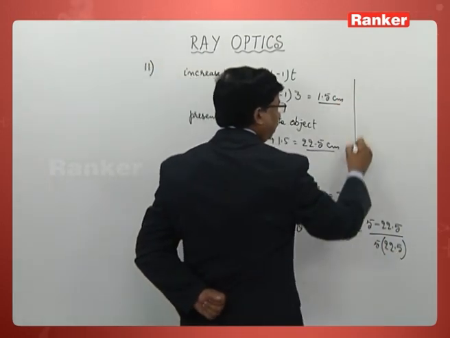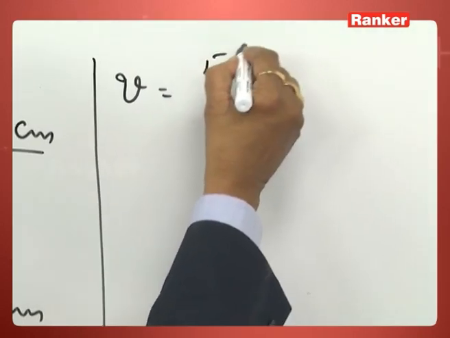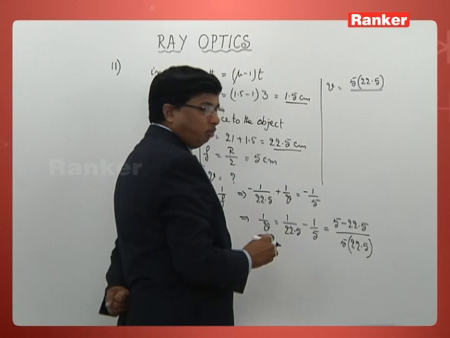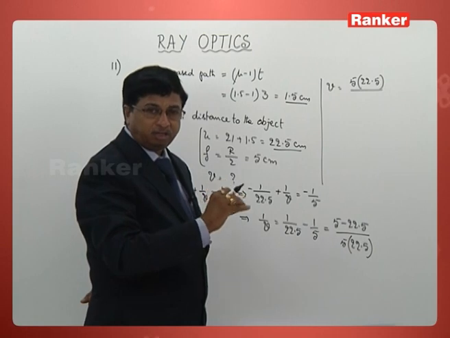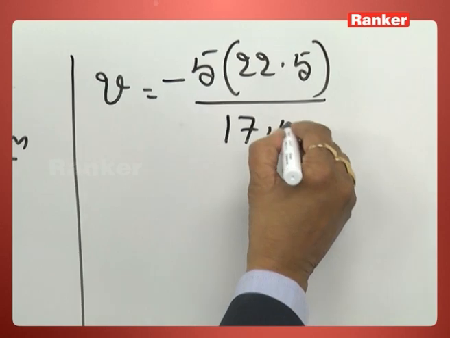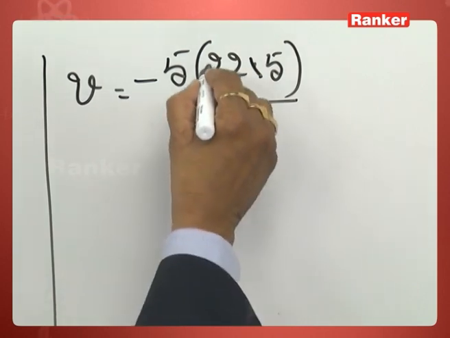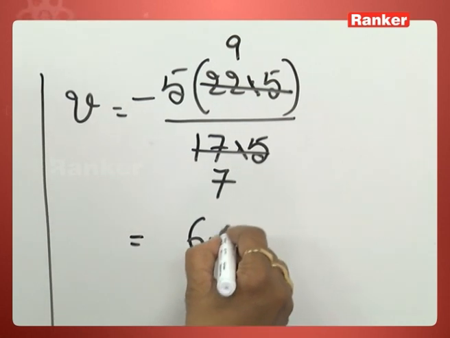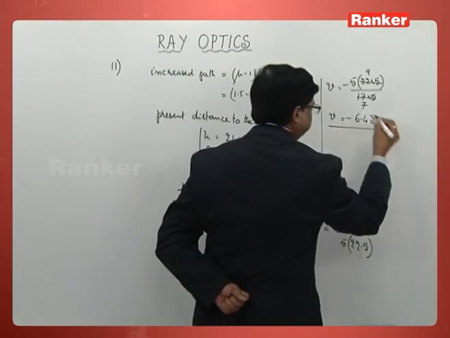We want the value of v, which now can be written as 5 times 22.5 divided by 22.5 minus 5. It's just going to be 17.5. That too with a negative sign, 17.5. Okay, you can cut these points here. Here 7 times 25, here 9 times 25. If you simplify this one, 6.43 centimeter with a negative sign you will be getting.